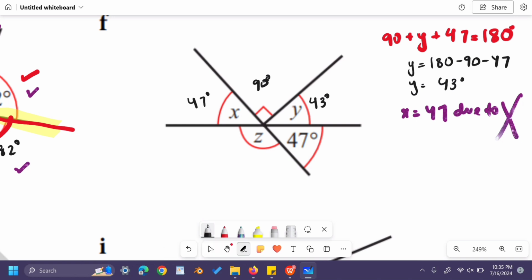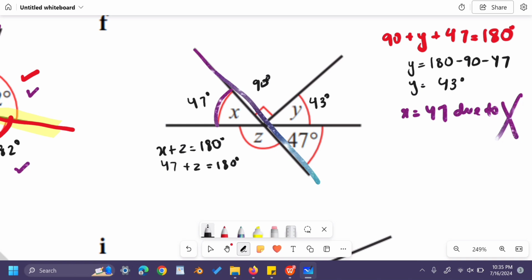For finding z angle, we can see that this is a straight line, this is what we know, and this is what we don't know. So simply what we are going to do is x plus z is equal to 180 degrees. And we can also see that x is 47 and z is something we don't know yet.